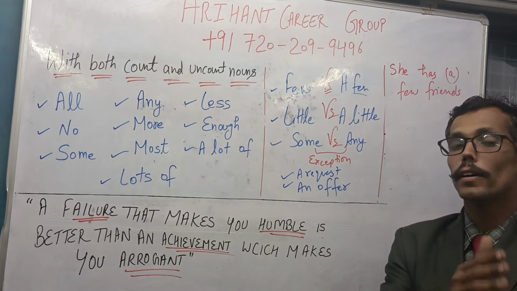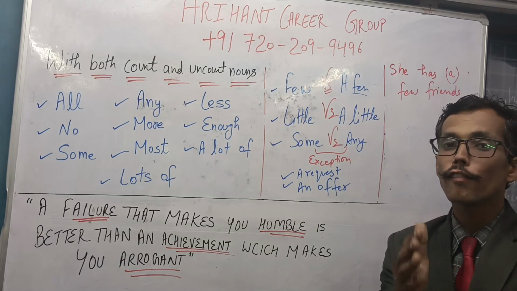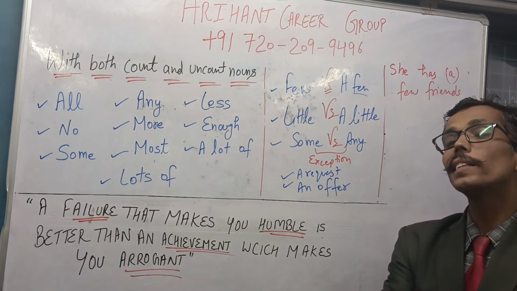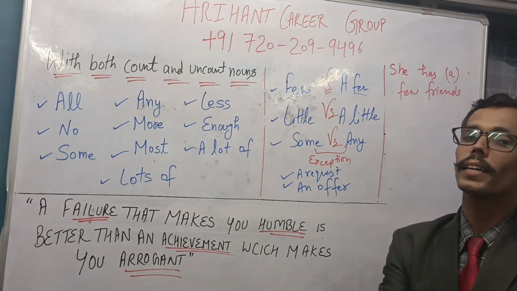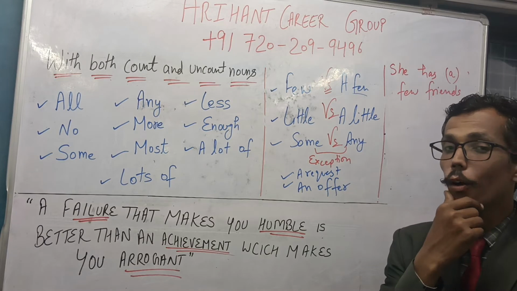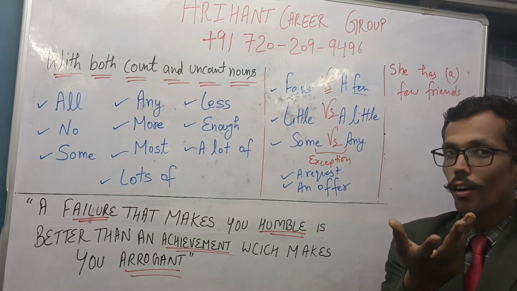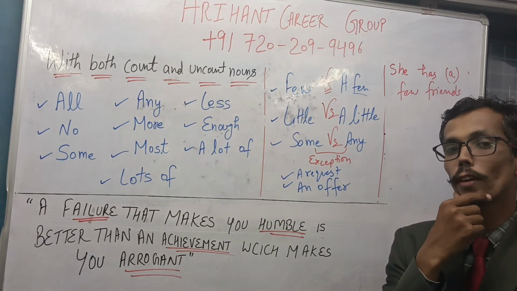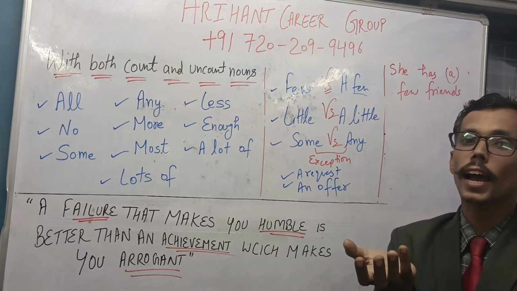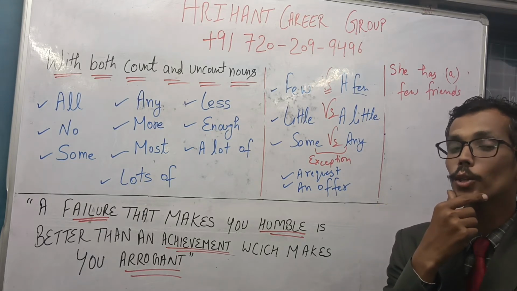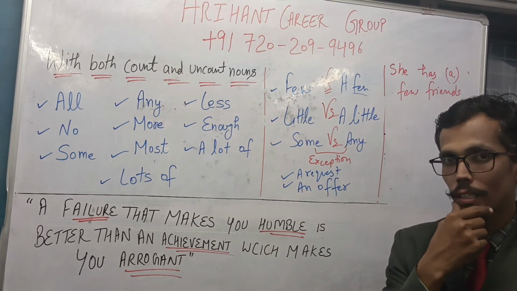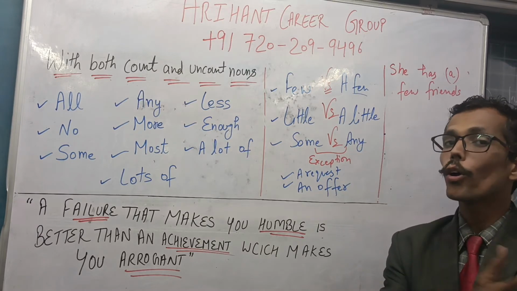It means that the number of friends is not as high as expected, or I can say not at all. If I say that she has no friends, or I'm saying that she has few friends, actually the meaning is the same. The number is not as high as expected, or I can say not at all.